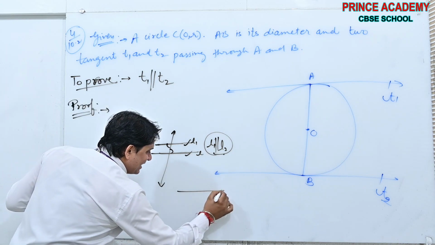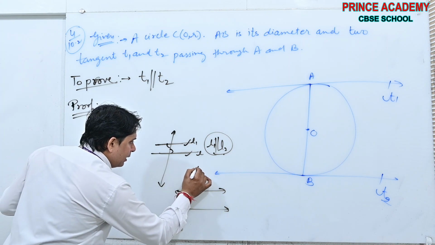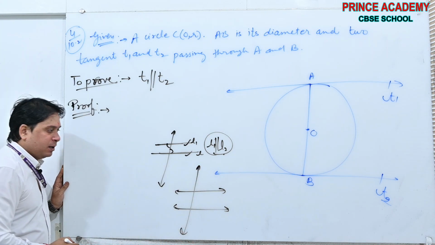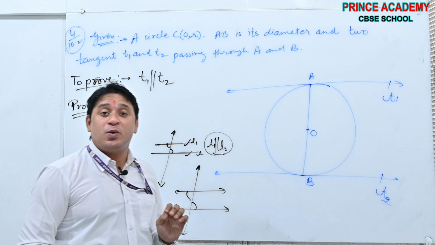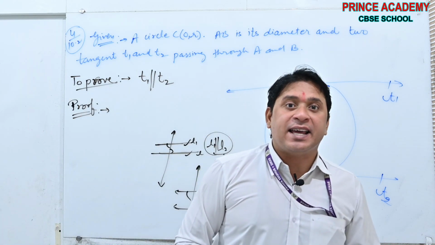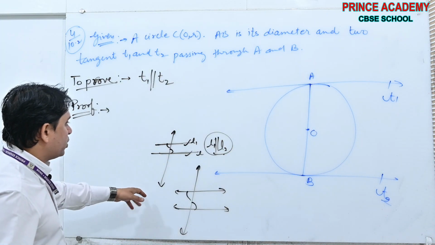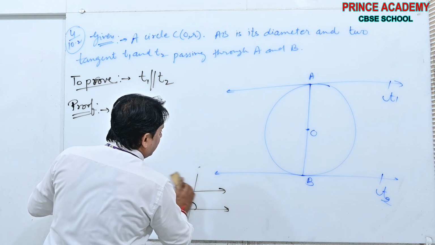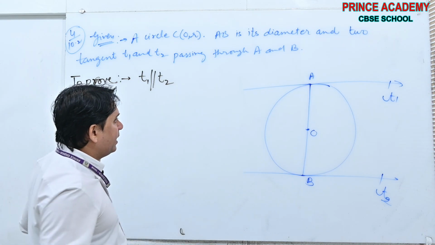If two lines are parallel and a transversal is there, then alternate interior angles are equal. If alternate interior angles are equal, lines are parallel. Now we will use this and your theorem will be done.